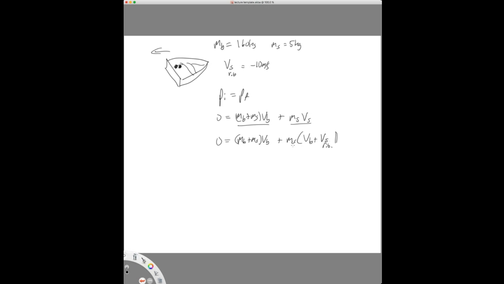And when we distribute this, we have mass of the stone times speed of the boat here, and the mass of the stone times speed of the boat there. So what we get is mass of the boat plus 2 m stone times the speed of the boat plus the mass of the stone times v stone relative to boat.